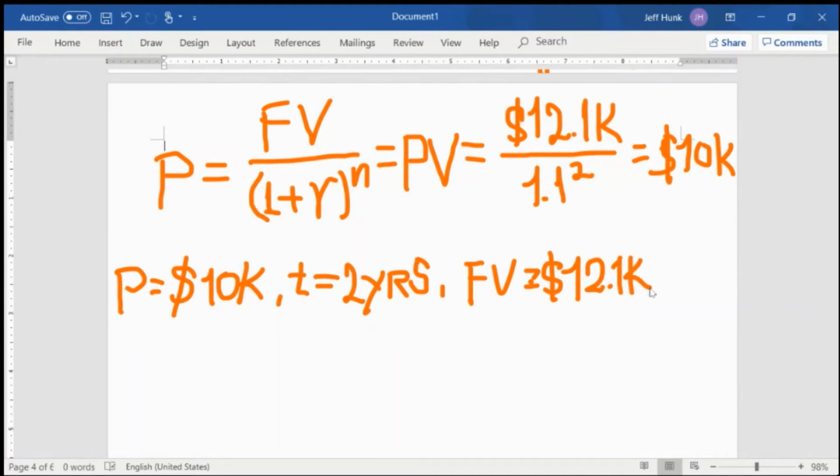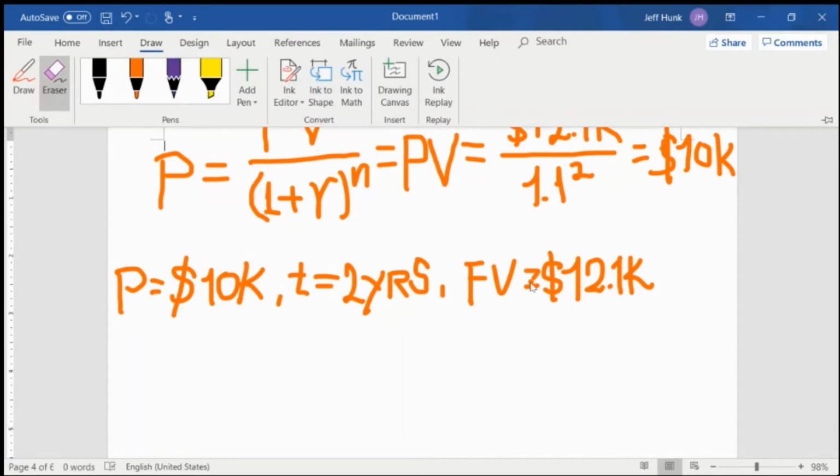Then think about it: what's missing? Isn't it the interest rate that's missing?